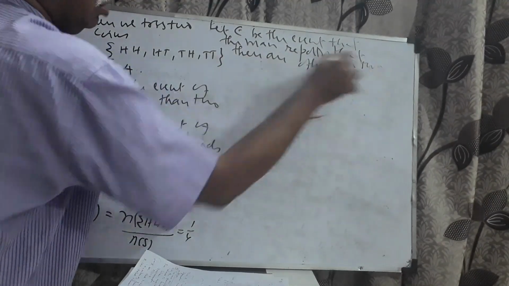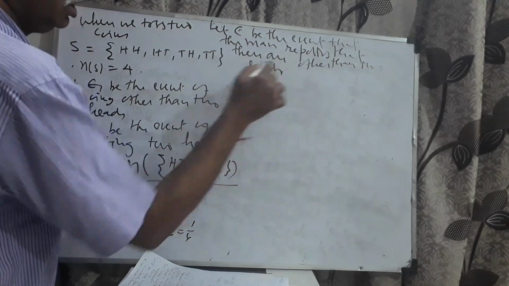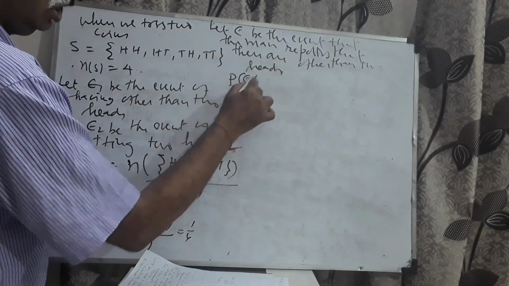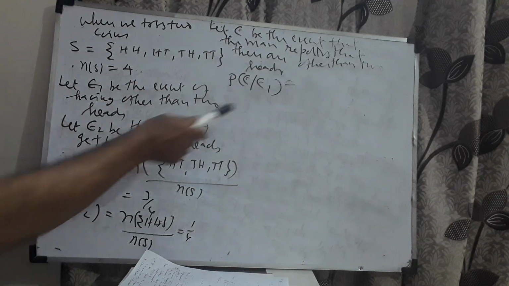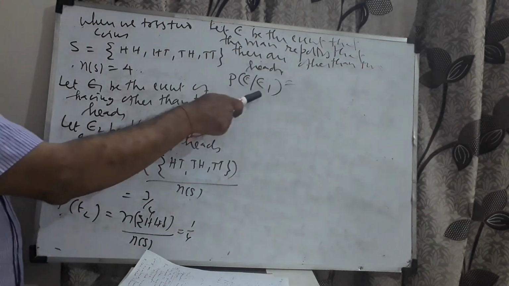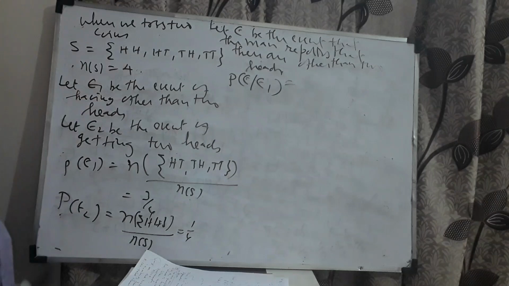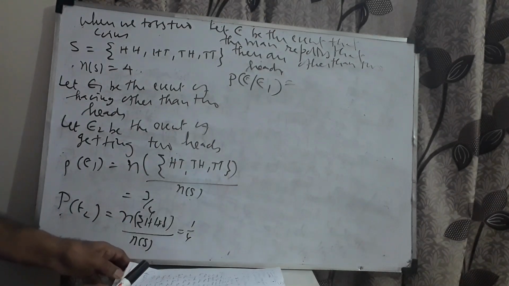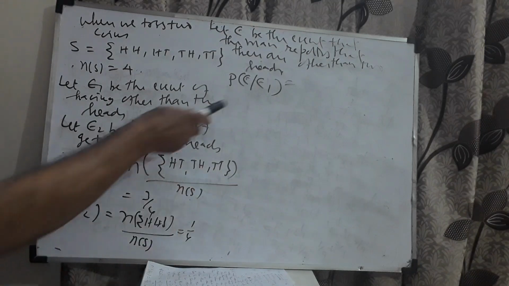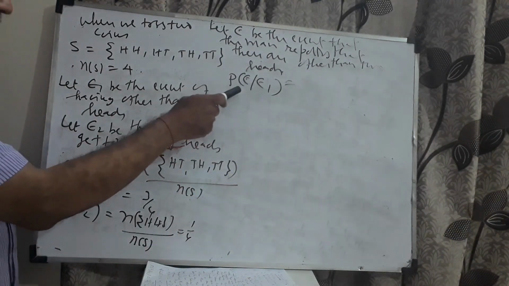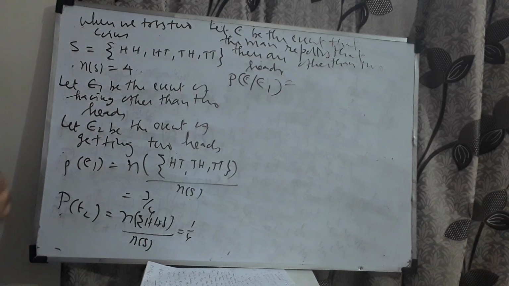That is what he reports. Let us assume. Now P of E given E1, it means the denominator occurs first always. Therefore, I am getting other than 2 heads. The man reports that there are other than 2 heads. Therefore, the man is telling the truth here.